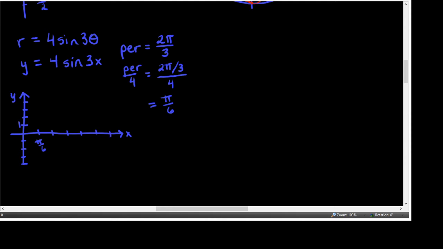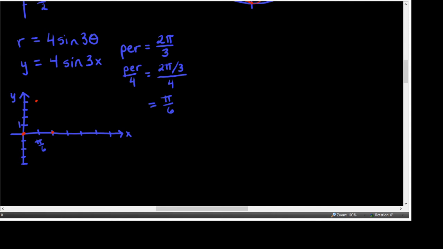All right. So sine of 0, when x is 0, sine of 0 is 0, and so that'll be a point on the baseline. The next point will be a high value. So at pi over 6, we're expecting the high value with an amplitude of 4. That high value will be at 4. Then back to the middle.